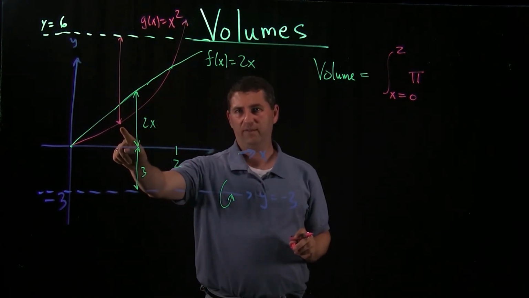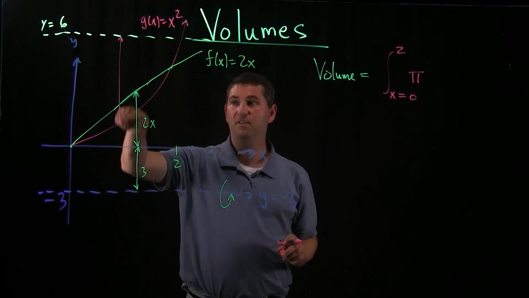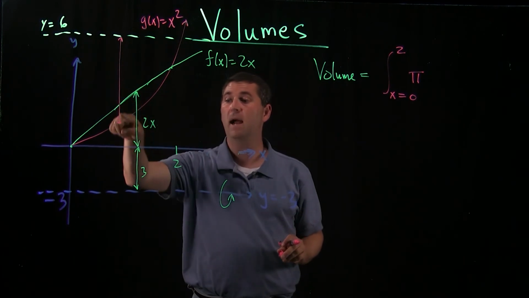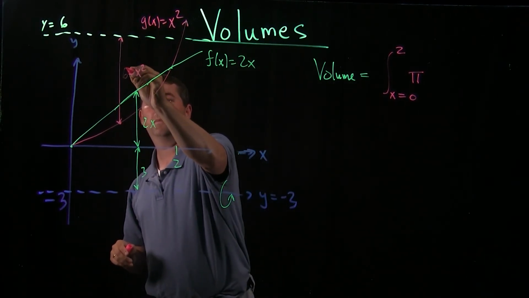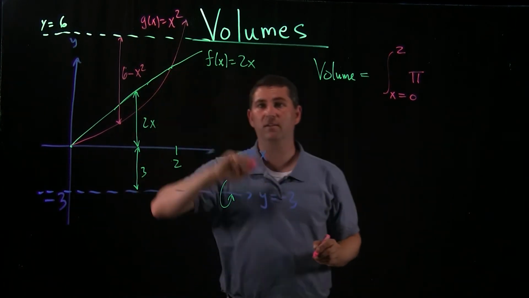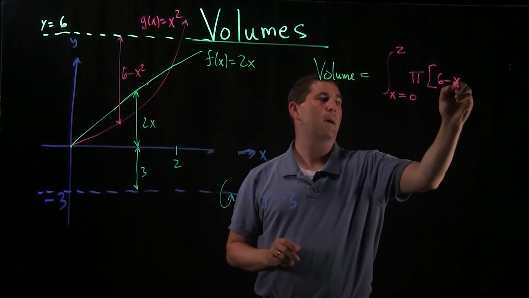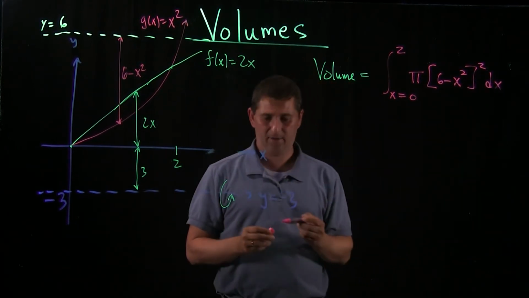That's g of x, that's 6. So the distance is going to be, well, since 6 is bigger, 6 minus g of x. 6 minus g of x, right? G of x is x squared. So that's actually what needs to go in here. 6 minus x squared squared dx.